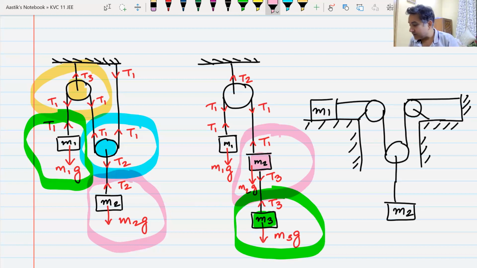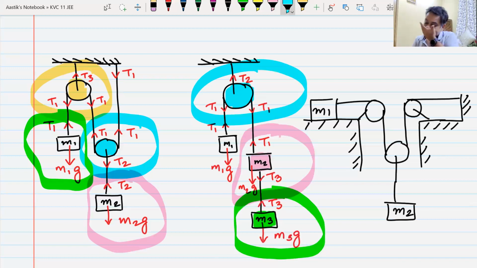I hope everyone has drawn it correctly. The free body diagram of this blue pulley is in the blue range. And the free body diagram of this block is this one. We understand this, everyone?